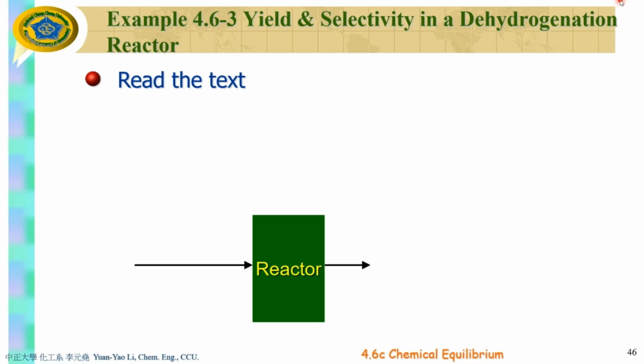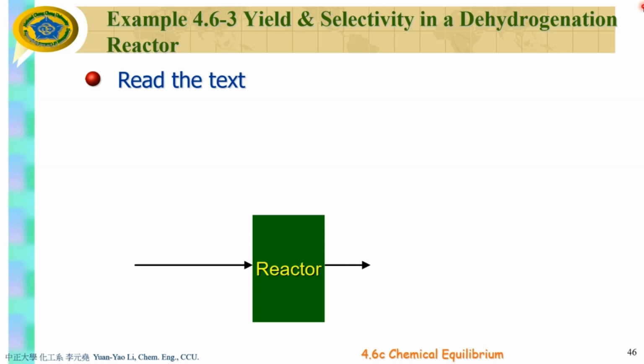So you need to know the definition of a yield, right? So we have two specifications. And then after that, calculate the molar composition of the product gas and the selectivity of ethylene to methane product. So we want to determine the selectivity of the C2H4 and the CH4. Right.